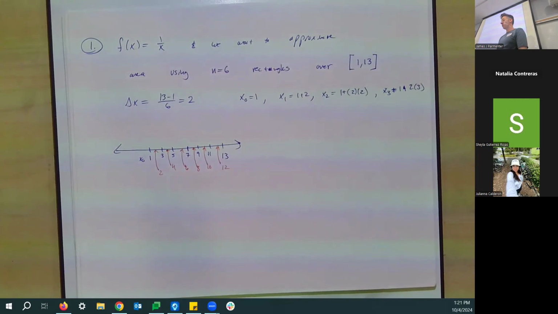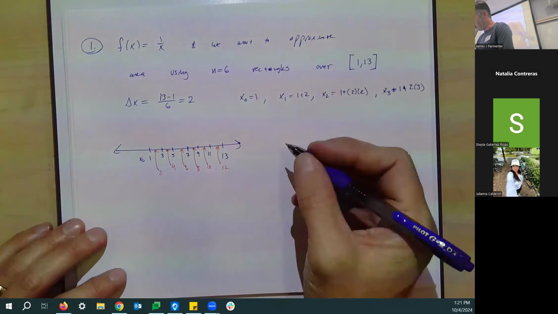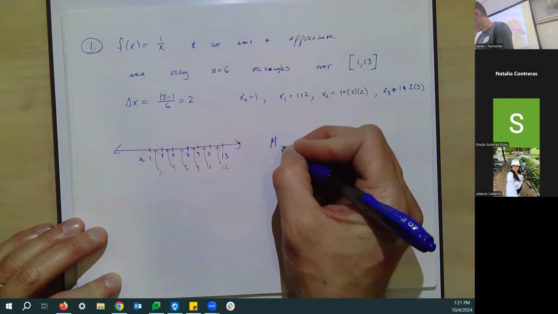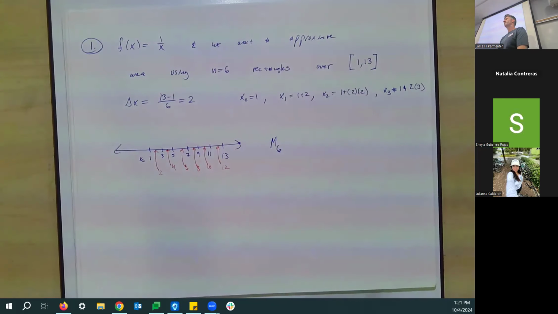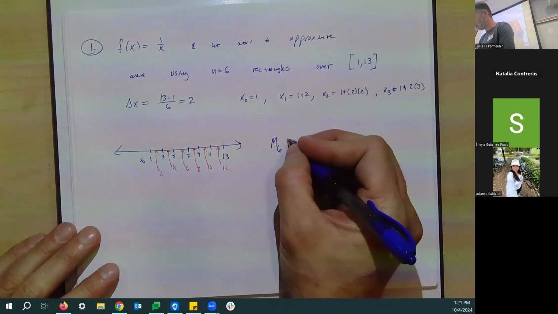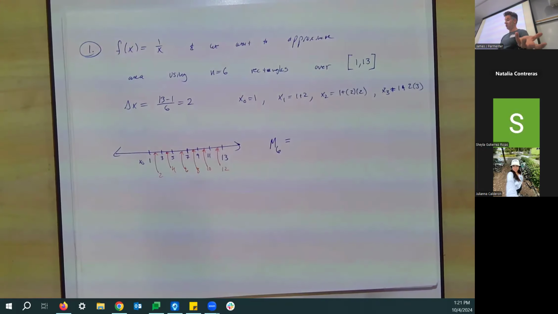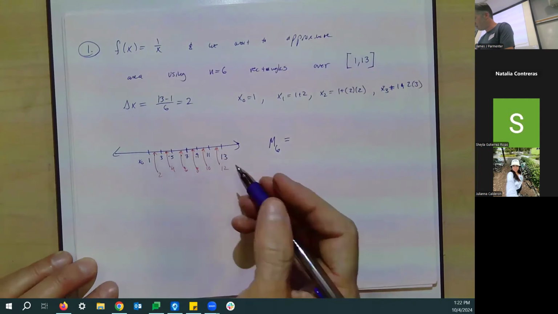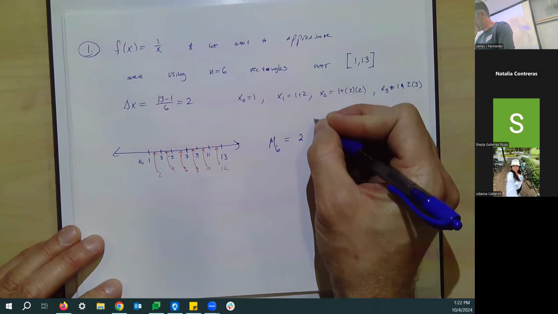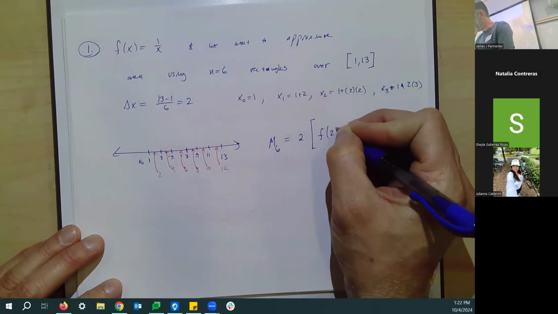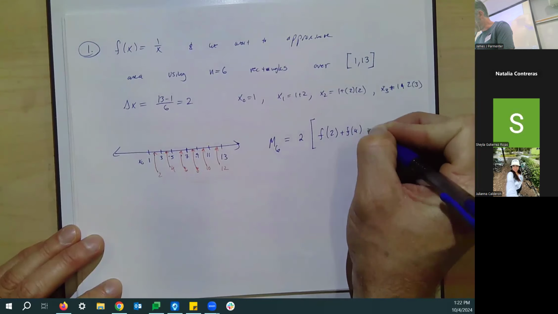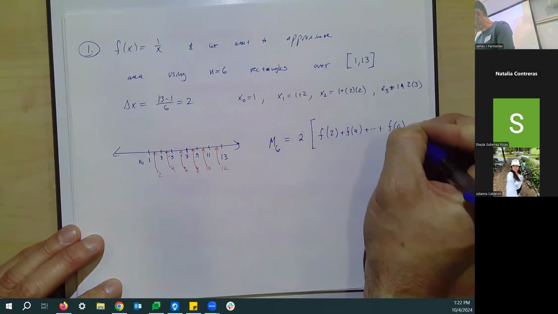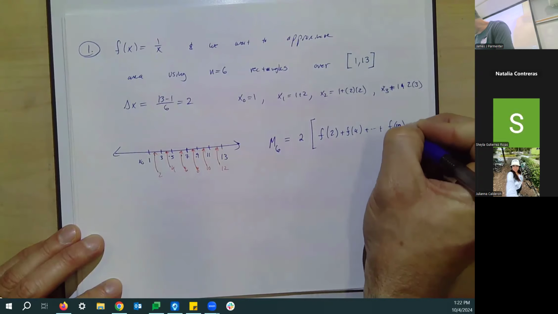So very generally, if I'm going to write the area using midpoints, I'm going to say M6, for midpoints and 6 subintervals. It's going to be each base, which is 2, times each height. So it's going to be 2 times f of 2 plus f of 4 plus all the way to f of 12.